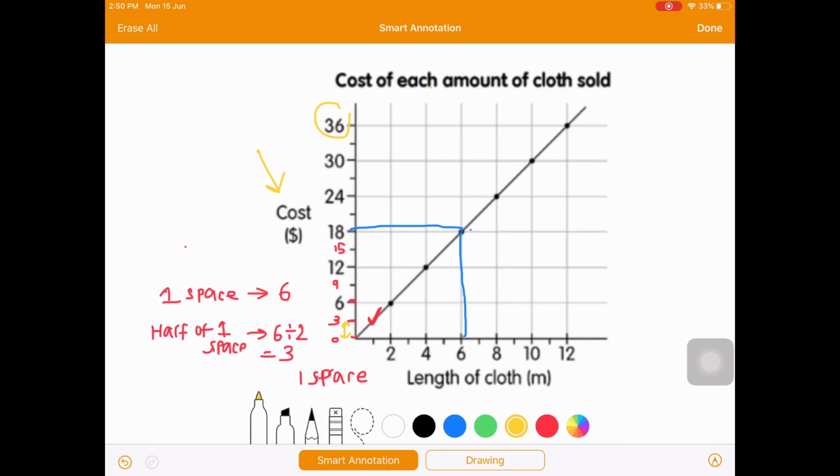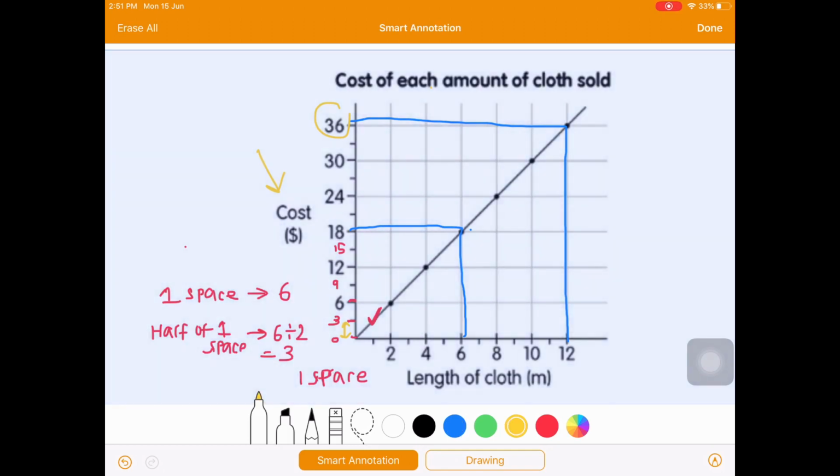So we want to find this $36 can buy Mrs. Tay how many meters of cloth? To find that, we draw the line from $36. We draw it across until we touch the line graph. After we have touched the line graph, we want to find the length of the cloth. So we draw it downwards until we touch the scale for the length of the cloth.